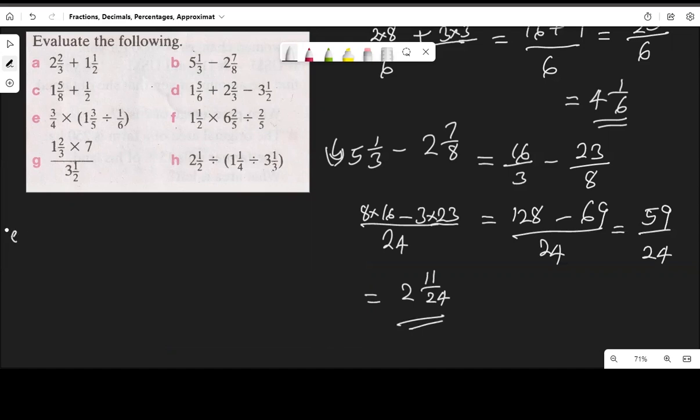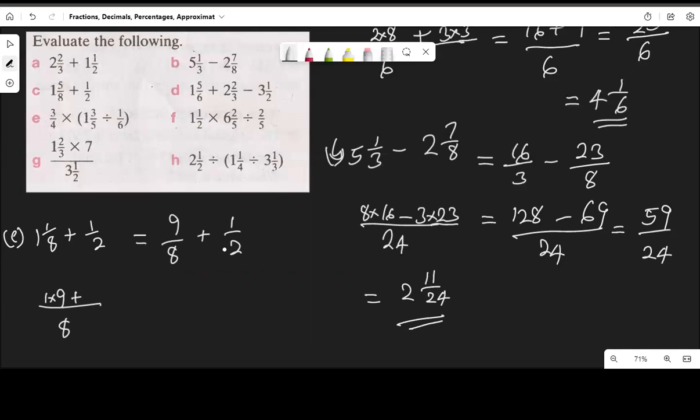Then for the third one, we have 1 whole number 1 over 8 plus 1 over 2. First of all, converting this mixed number to an improper fraction: 8 times 1 is 8 plus 1 is 9. 9 over 8 plus 1 over 2. The LCM of 8 and 2 is 8 itself. 8 divided by 8 is 1, multiplied by 9.